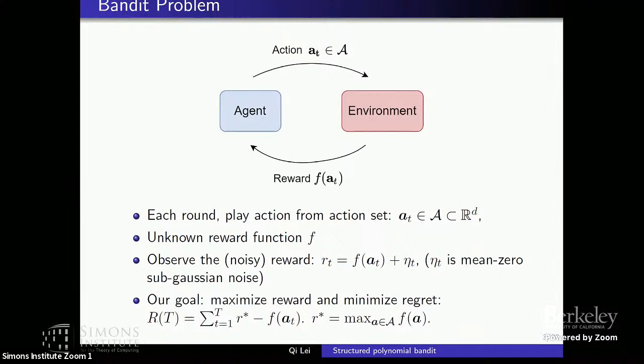We usually assume the noise to be light tail. And our goal is to maximize the reward and at the same time minimize the regret. The regret is defined in this way, which is the cumulated sum of r star, the maximum and the best reward, minus the current reward we receive.